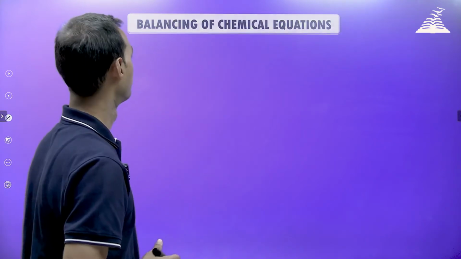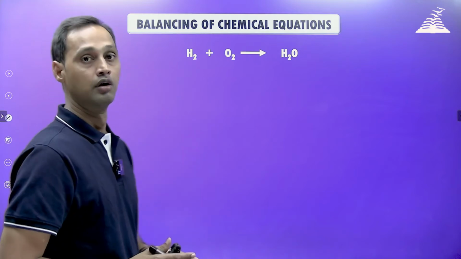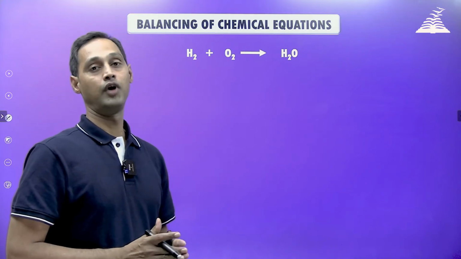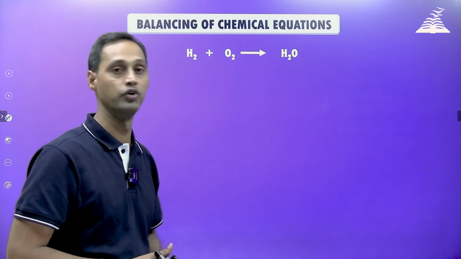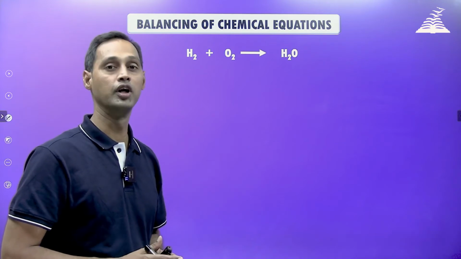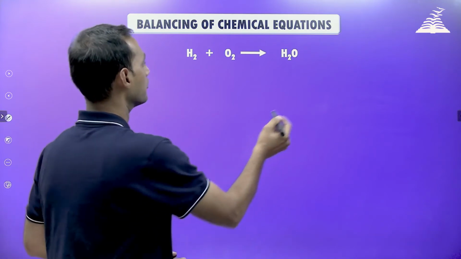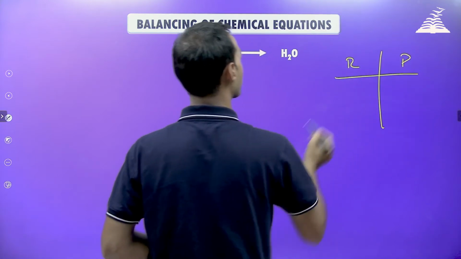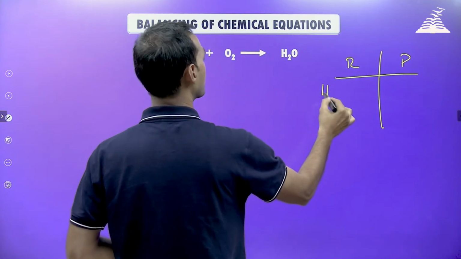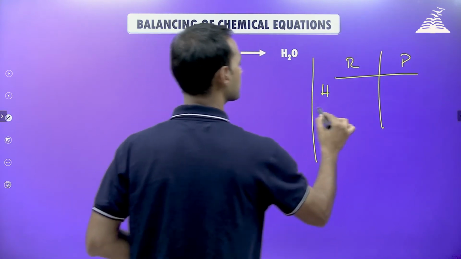Let us do that now. So here we need to count the number of atoms of hydrogen and oxygen on the left hand side and right hand side so that we can balance this chemical equation, right? Reactant side and product side, okay? So the number of hydrogen atoms and number of oxygen atoms.